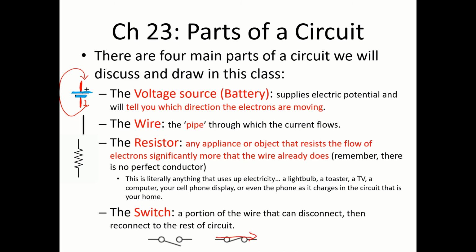And the circuit will be powered on, lights will be on, the TV will be on, the cell phone will be on, whatever it is, because the bridge is down, and traffic, the cars, the electrons, can move from one side to the other. If the bridge is up and there is no connection there, those electrons cannot make it from one side of the river to the other. The electrons have to stop. Just like if the bridge is up, the cars cannot pass the bridge, right?